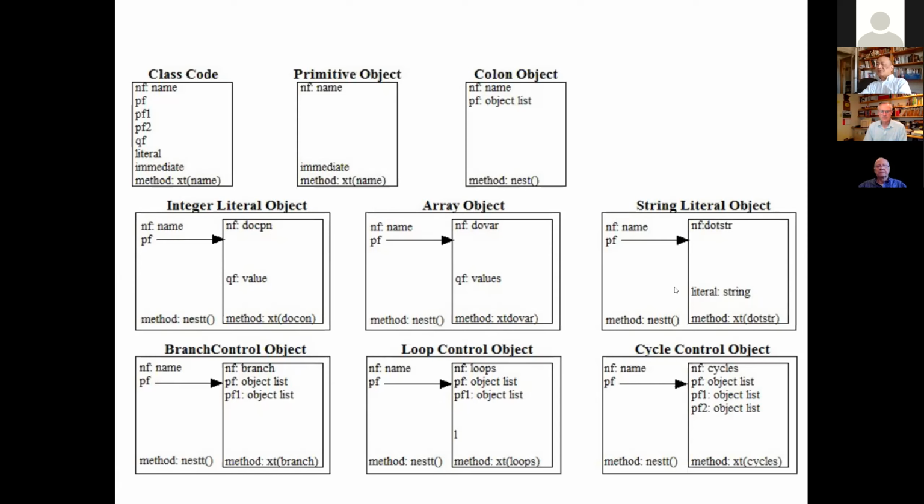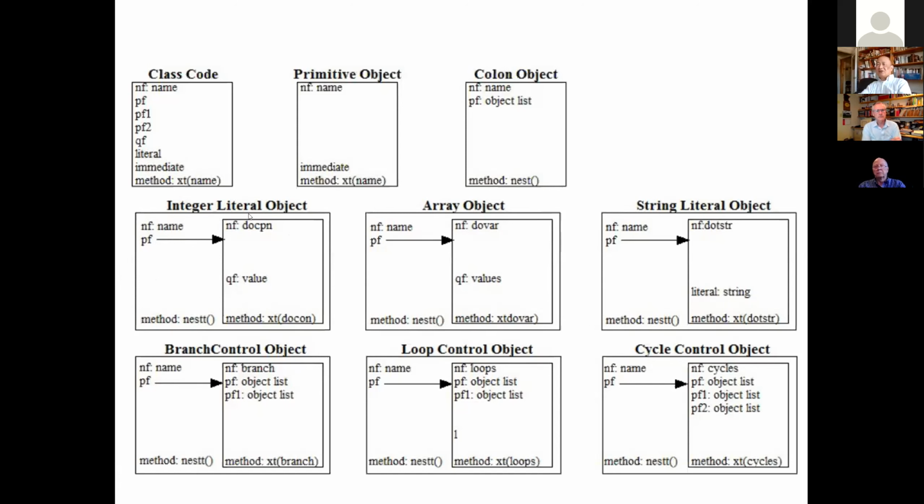Each of these objects is basically a colon object, but in the PF field it has only one object, and this sub-object does its own thing. Each of these colon objects is executed by the next function.